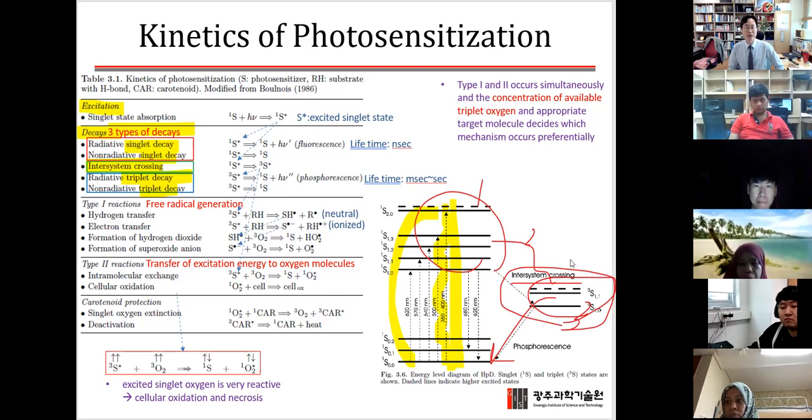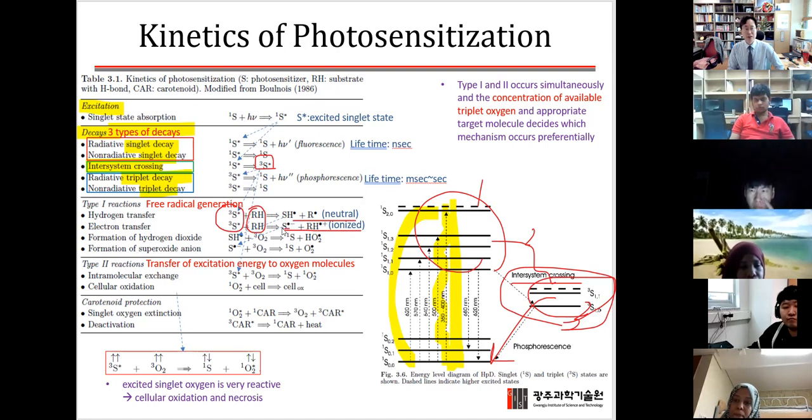When the decay is happening, as you can see, it can generate the triplet state of the excited state. And from that, it can react with the surrounding substrate and generate either a neutral or ionized substrate.